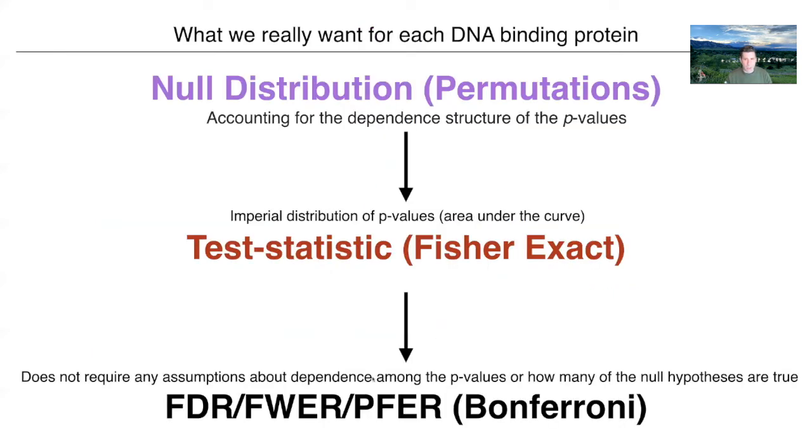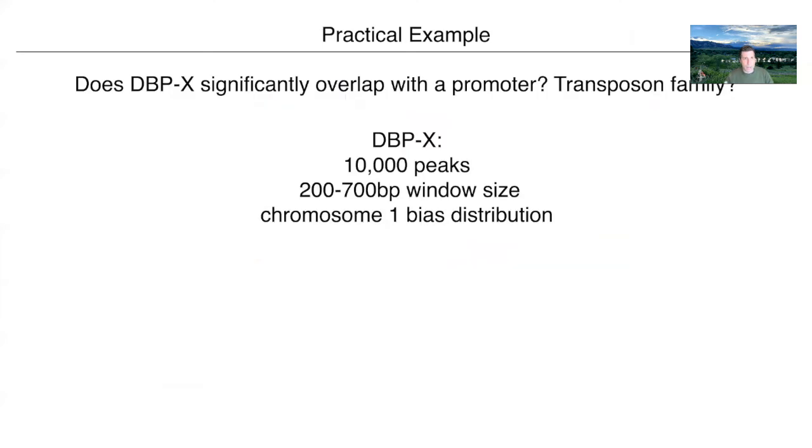So what we've just talked about is how to get our null distribution, and accounting for the dependencies of the structure of the p-values is also going to be done with false discovery rate corrections. Our test statistics will be a Fisher exact or a z-score, basically asking how far away are we from these random possible chances. Let's take a practical example of how we're going to move forward for now, and we'll introduce some other statistical things later.